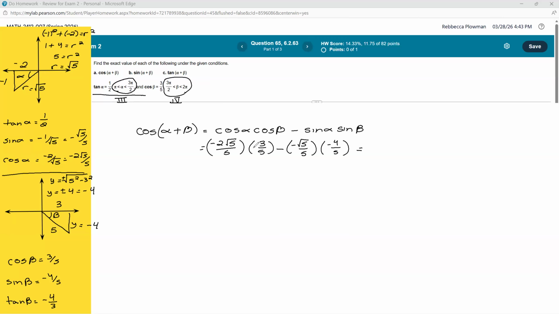So that is going to be a negative 6 square root of 5 over 25 minus negative, negative, negative, so still minus 4 square root of 5 over 25, which is going to be negative 6 square root of 5 minus 4 square root of 5 over 25.